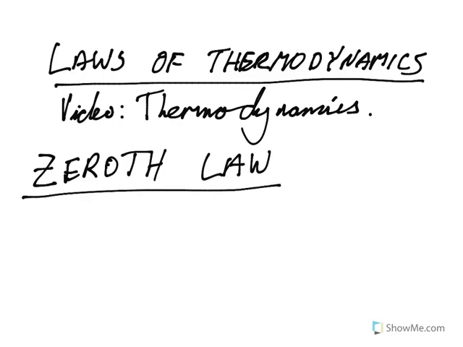Well, it was actually thought of after the other 3. So they decided it was more important though, so that they then put it at the front and called it the zeroth. Alright, so what the zeroth law relates to is thermal equilibrium.